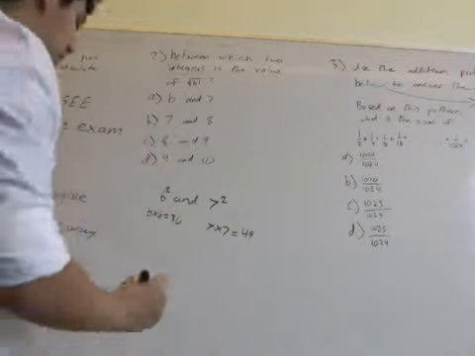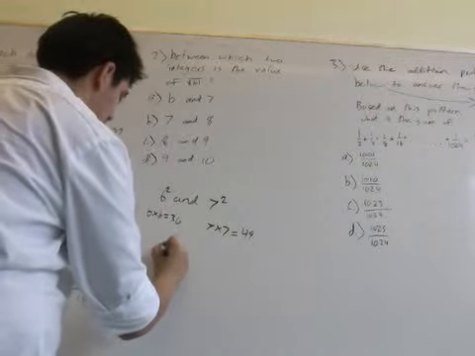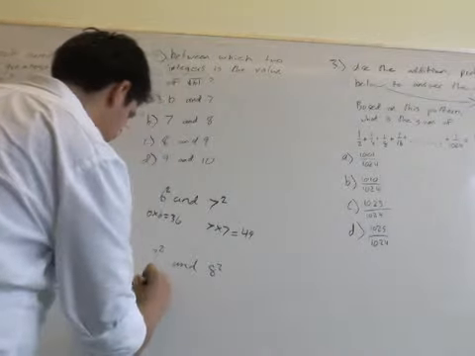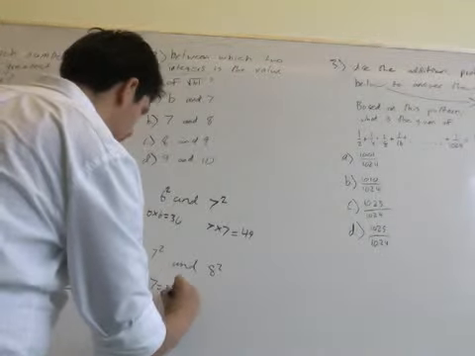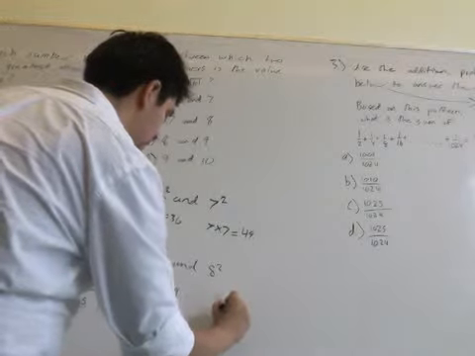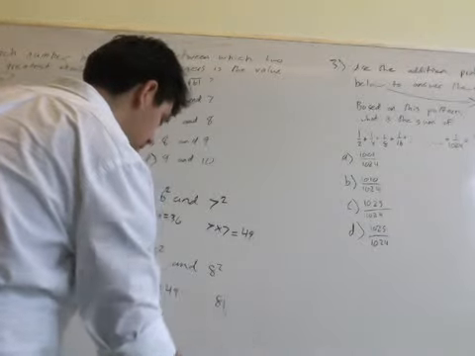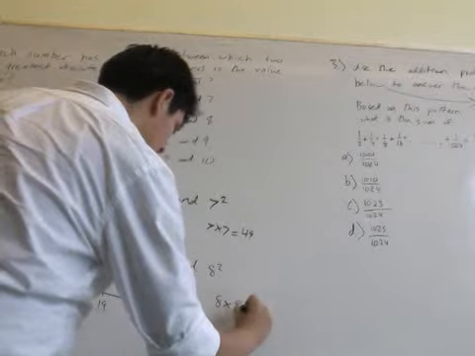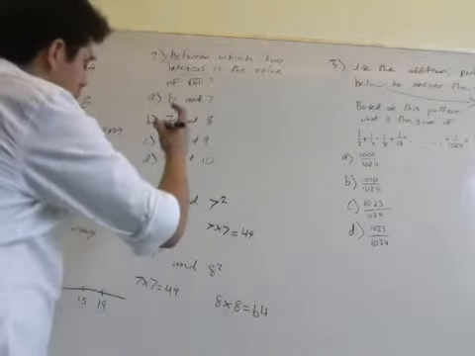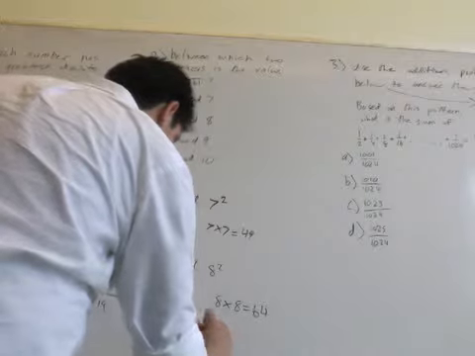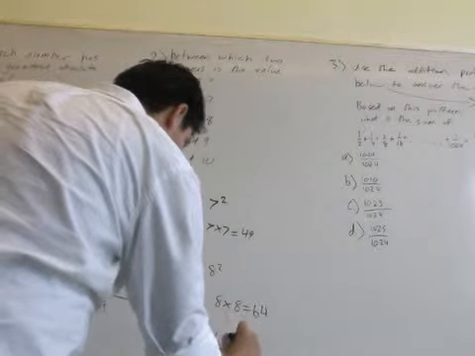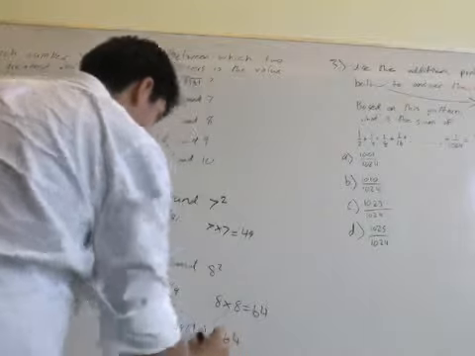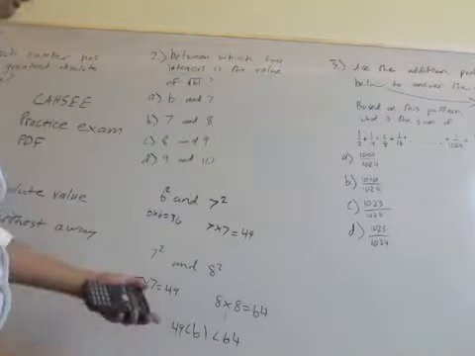For 7 and 8, 7 squared and 8 squared, 7 times 7, 49, 8 times 8 equals 64. And sure enough, 61 lies in between 64 and 49. And that's how you would find out the answer, just by squaring them.